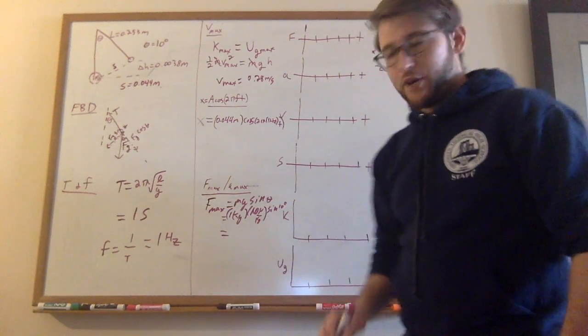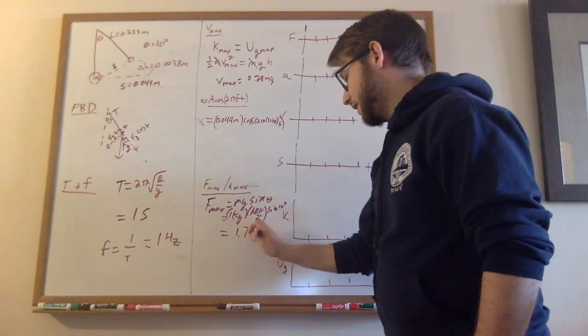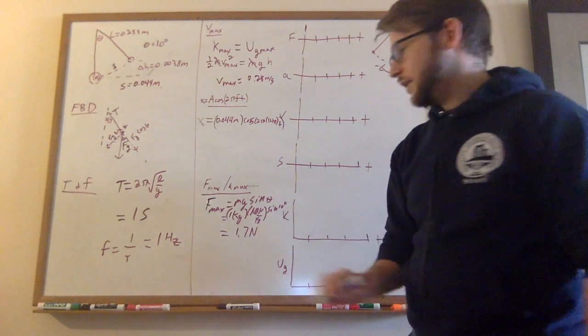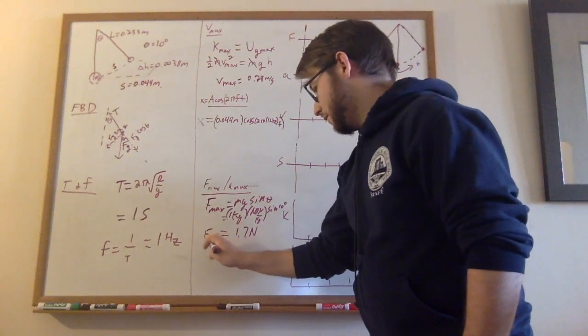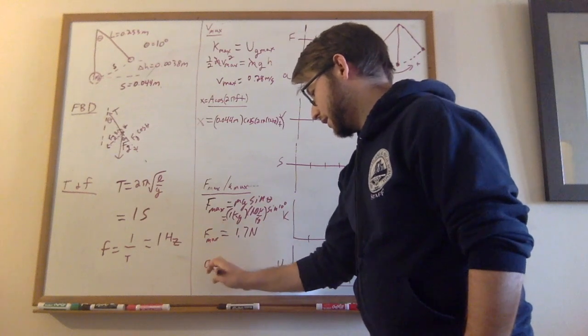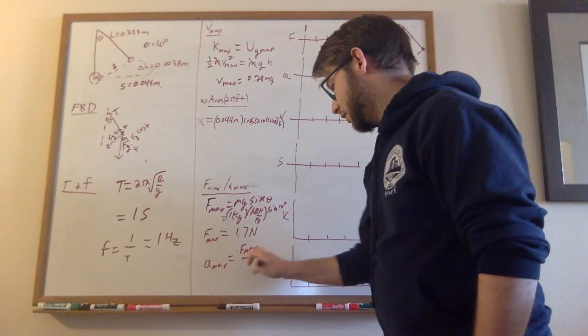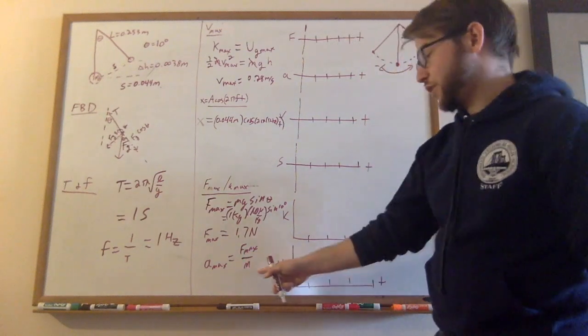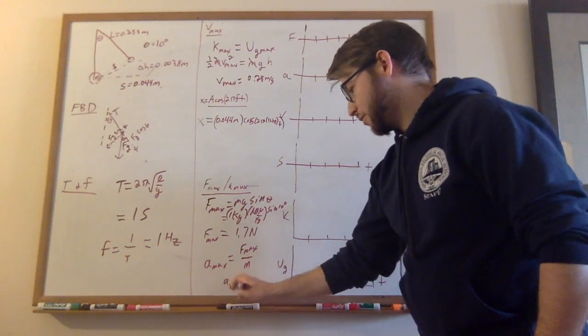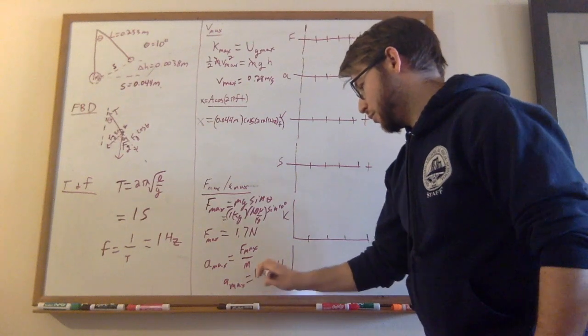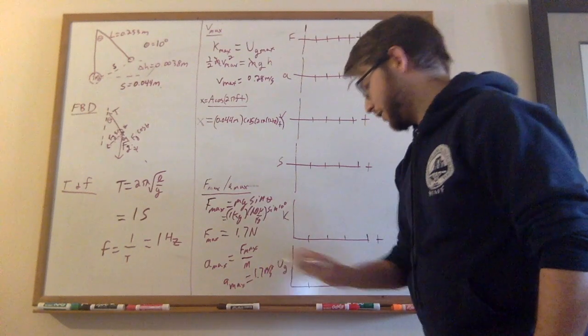So all that is going to work out to be about 1.7 newtons. And then since acceleration is going to be max force over mass, our mass is just 1 kilogram, so our maximum acceleration is just going to be 1.7 meters per second squared.